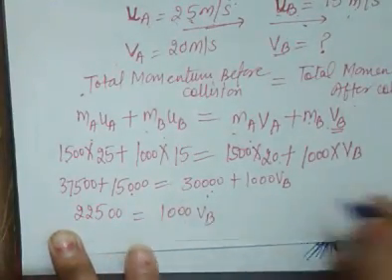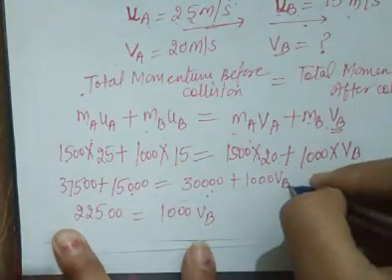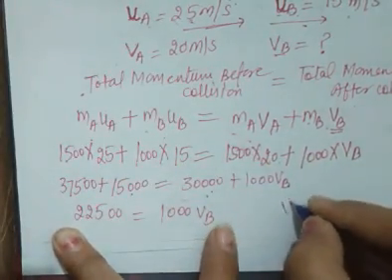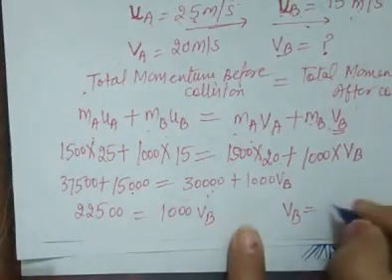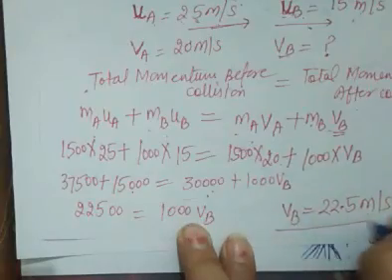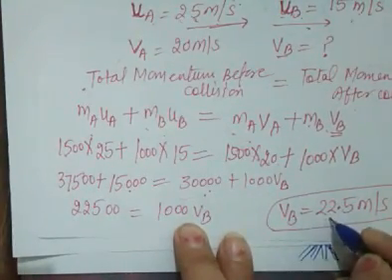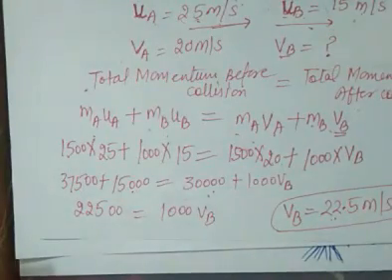So what will be the value of vb? vb is equal to 22.5 meter per second. So it is the velocity of car B after striking, after collision.